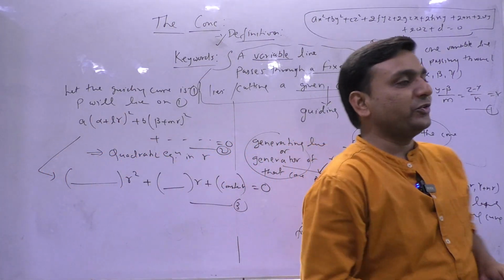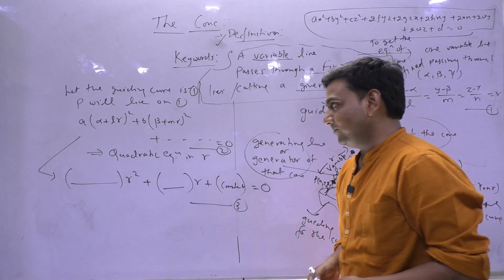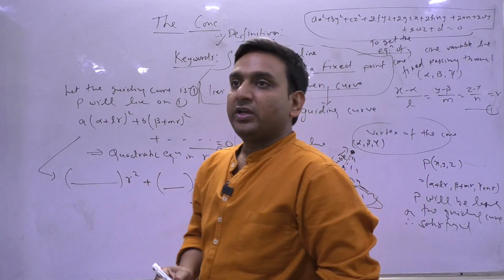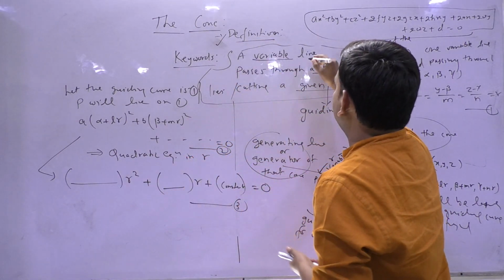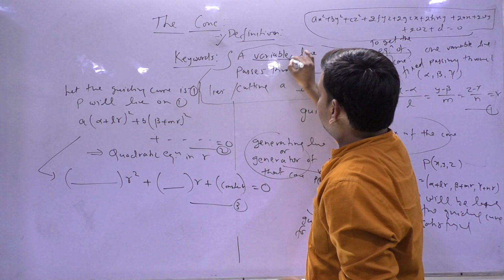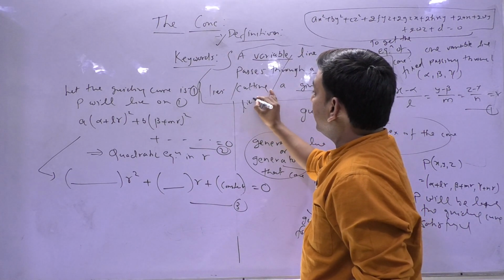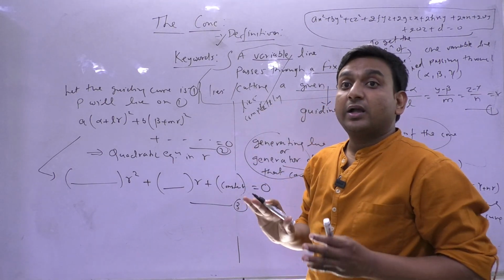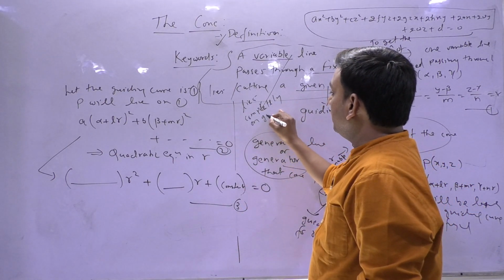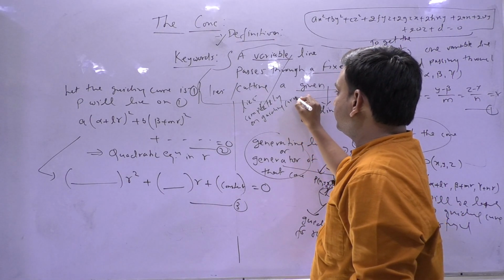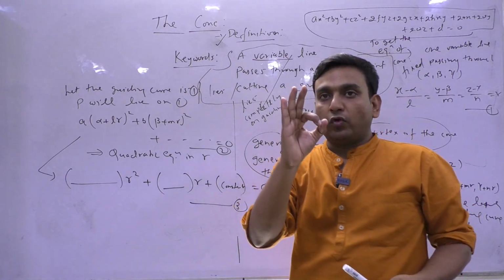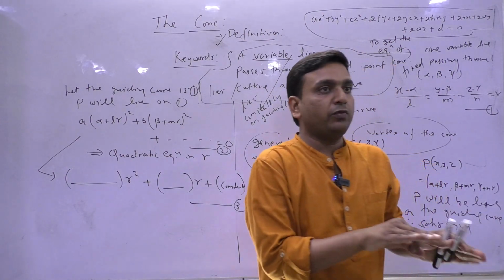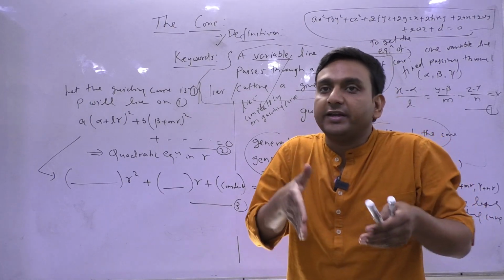Now you can feel what is going to happen. What is written in the definition, please see the board, is that this line lies completely on the guiding curve, meaning whatever point P you take on this line will be on the guiding curve itself.